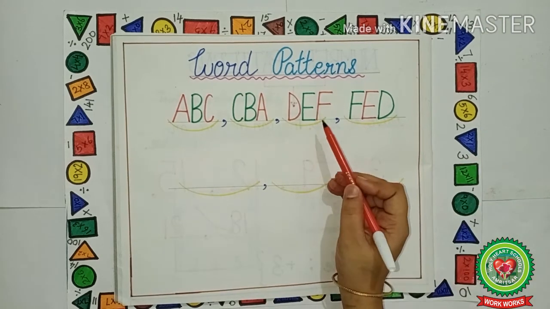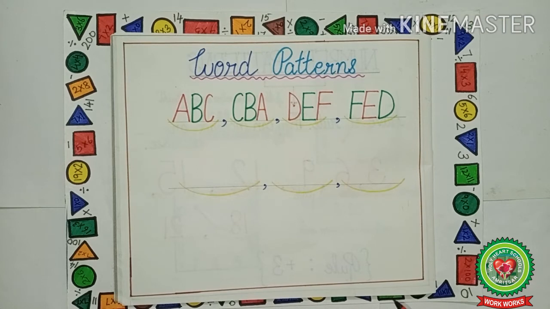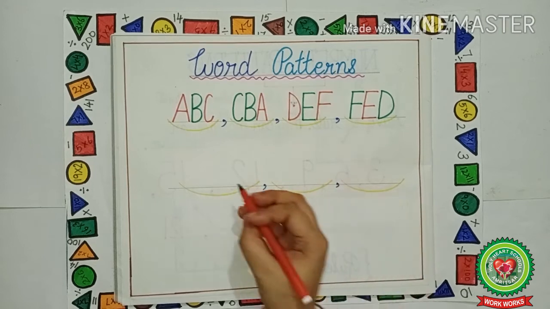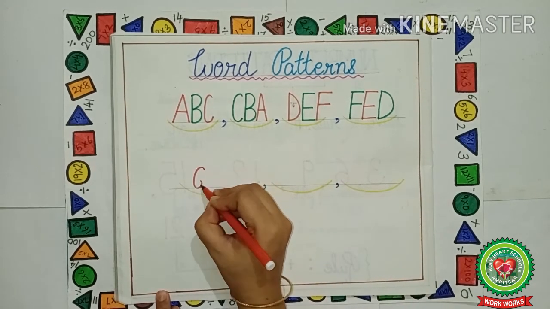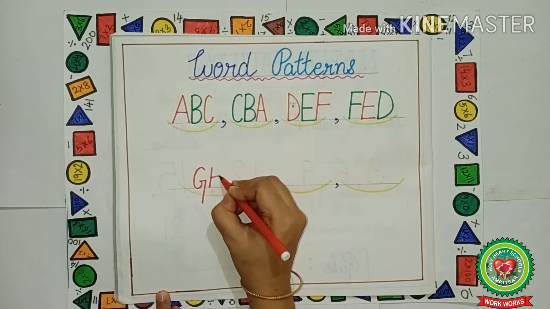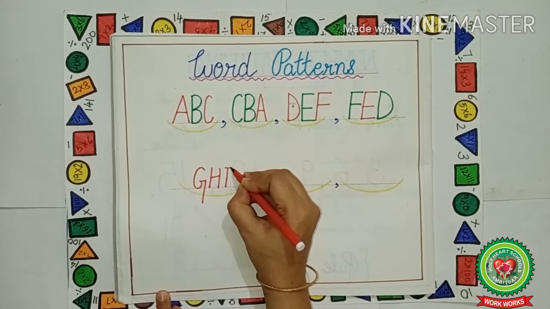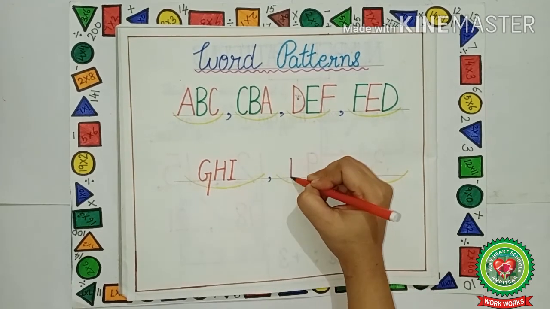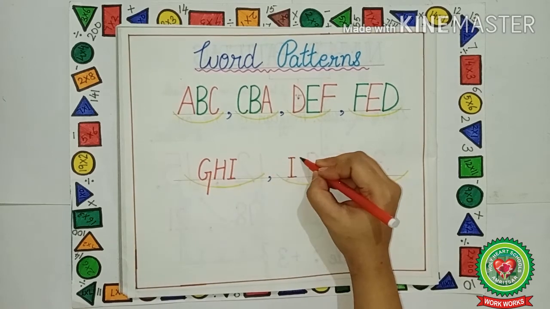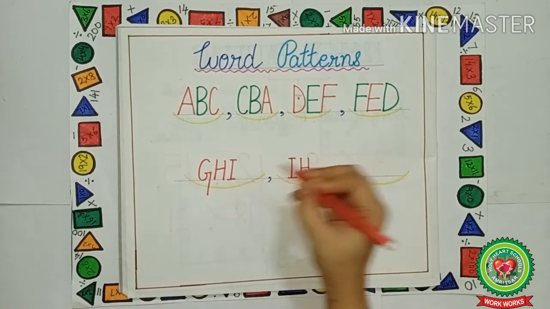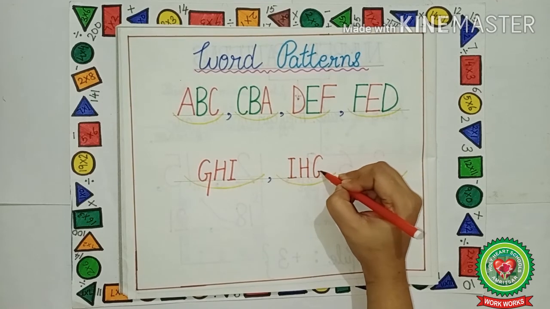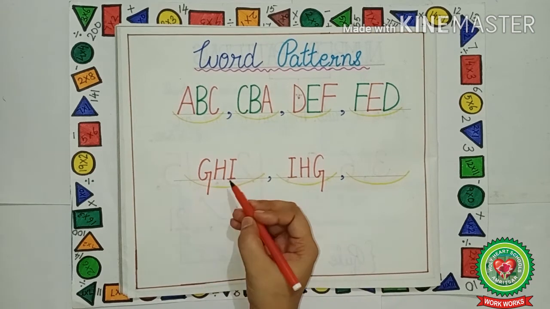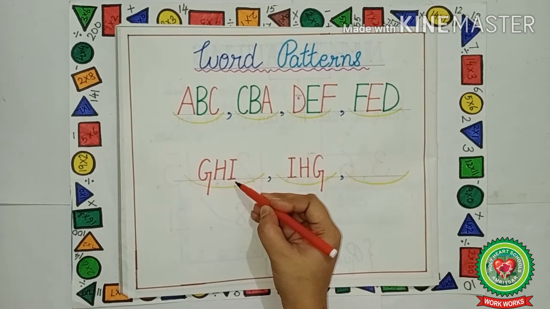Now we know what comes after F. After F, it is G. So G, H, I will be the next pattern. Just write these letters in reverse: I, H, G. Now we have to write the next three letters after I. What are the next three letters?